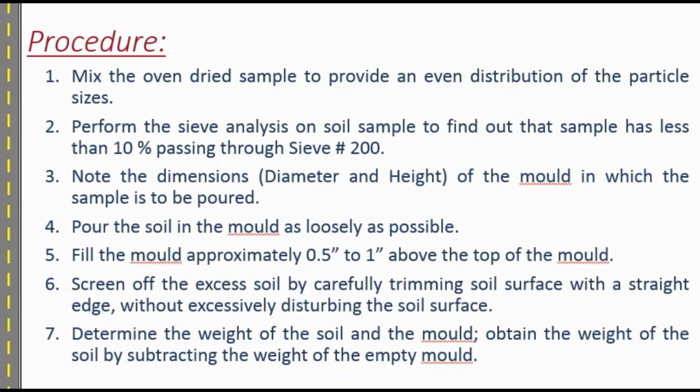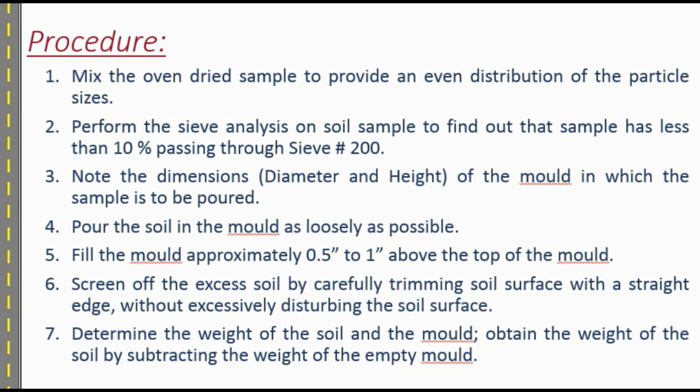Then the procedure. First of all, mix the oven dry sample to provide an even distribution of the particle sizes. Perform a sieve analysis if required on the soil sample and find out the sample that has less than 10% passing through 200 sieve.